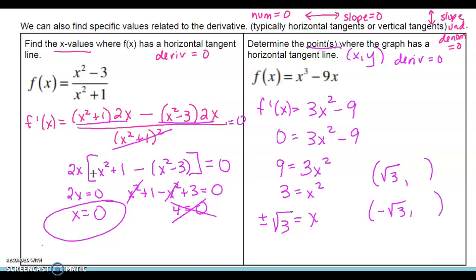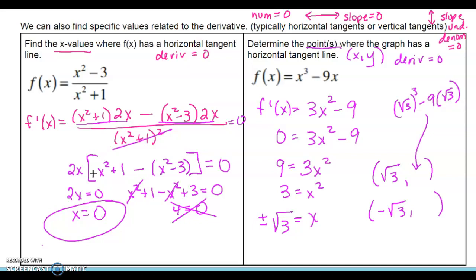And we're going to plug that into the original. So if I take root 3, and this would be without a calculator, or I could use the calculator, but we're just going to go ahead and write. So it would be the square root of 3 cubed minus 9 times root 3.